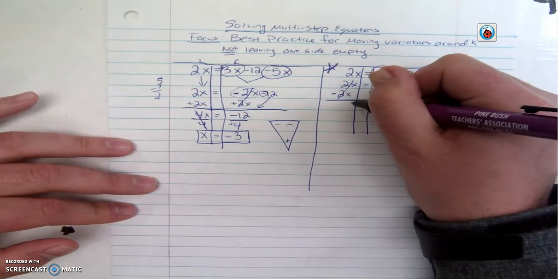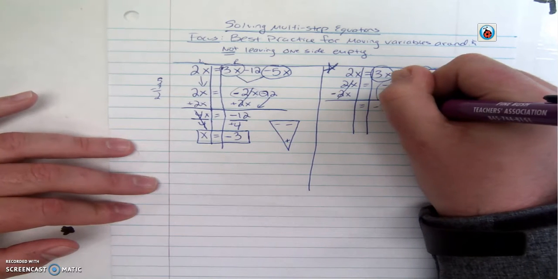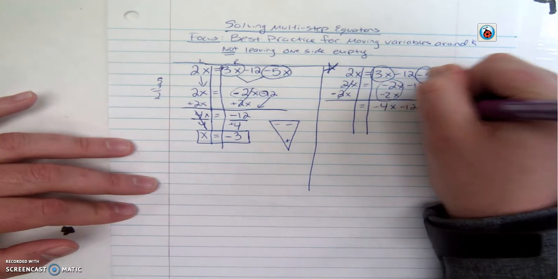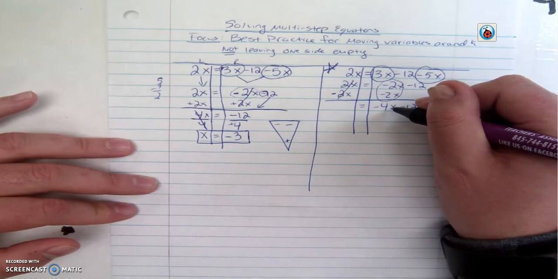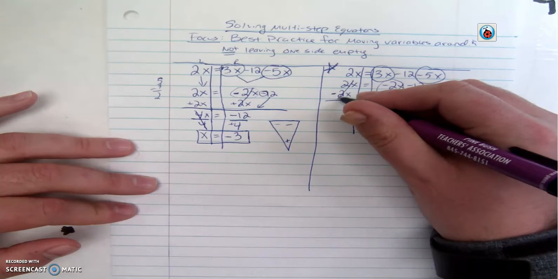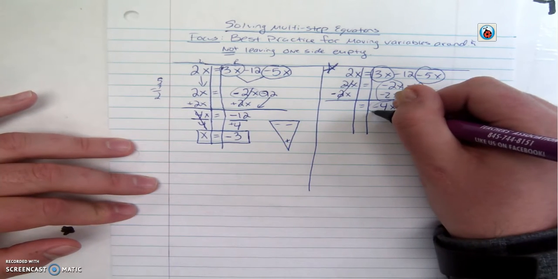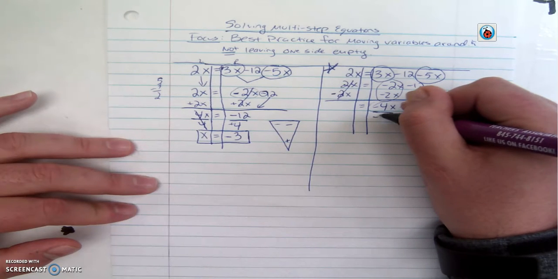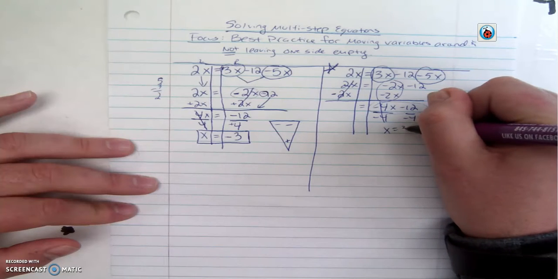Now, here's where common mistakes get made. Same sign, so you add and keep. Now, what students end up doing is they think they have nothing left on this side, so they focus in on this, and then they just simply go divided by negative 4, divided by negative 4, so x equals 3.